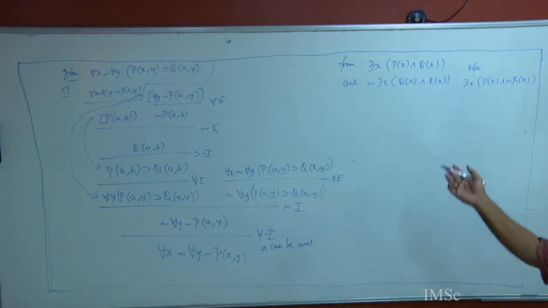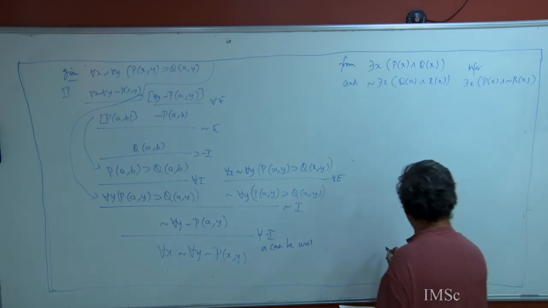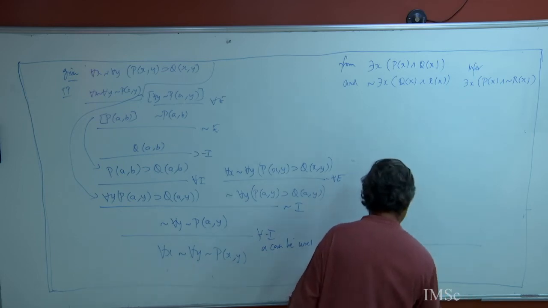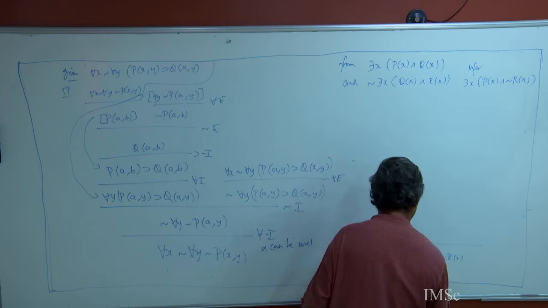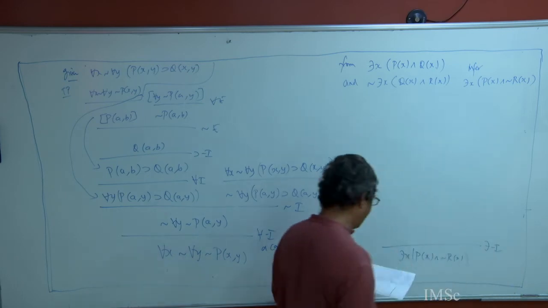It should be clear that this inference is sound. Okay, so I want there exists x, Px and not Rx, and therefore I need a there exists introduction.